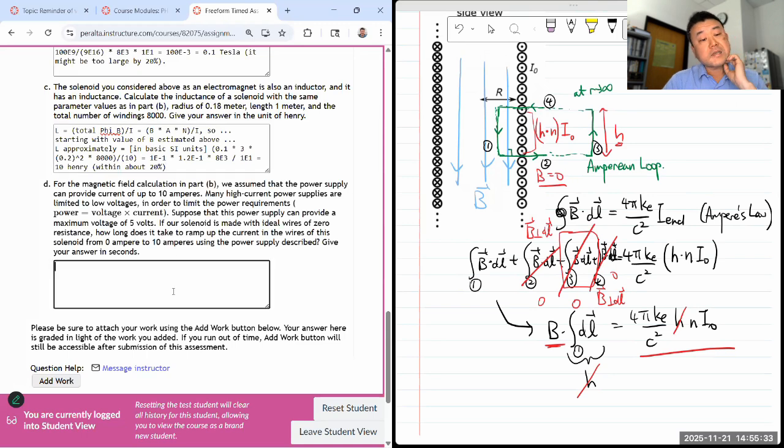Okay, so I guess I will use the relationship for an inductor. The voltage is given by delta V is equal to inductance times di dt.